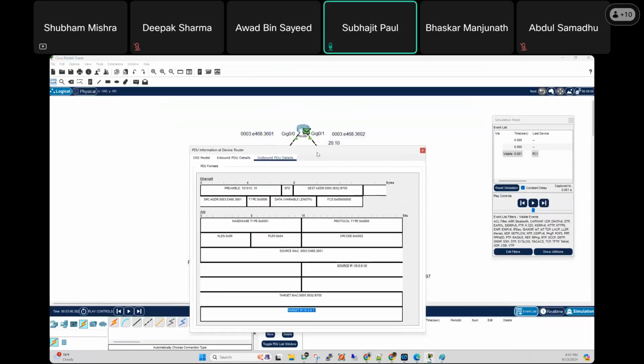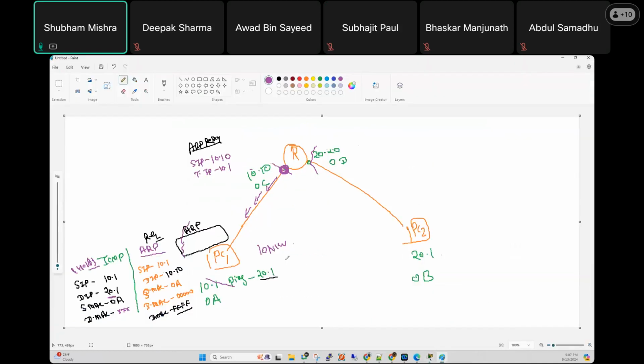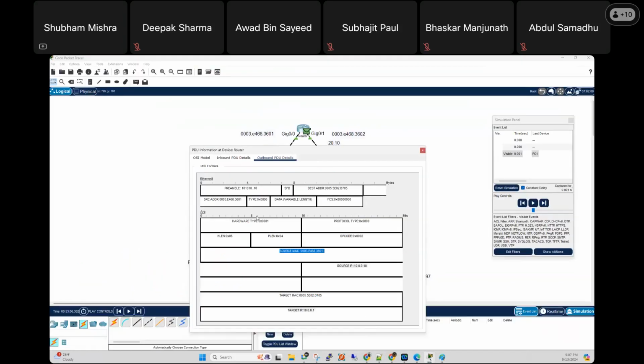Now, what is the source MAC address? Please see, 3601. It means this interface MAC address. Yes or no? Now, what is the target MAC?